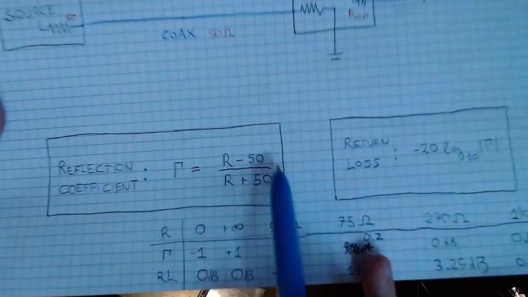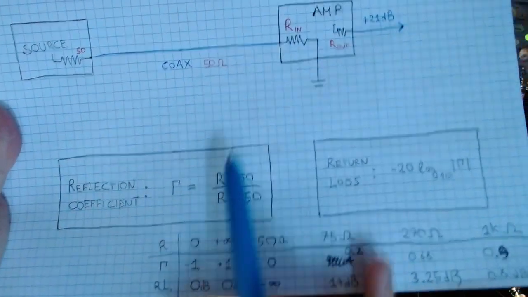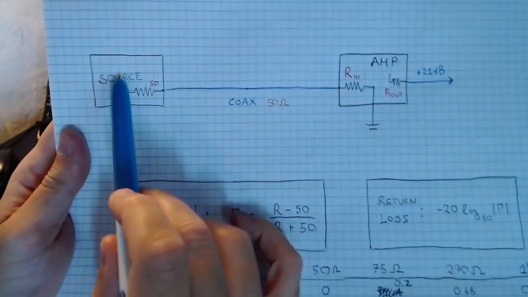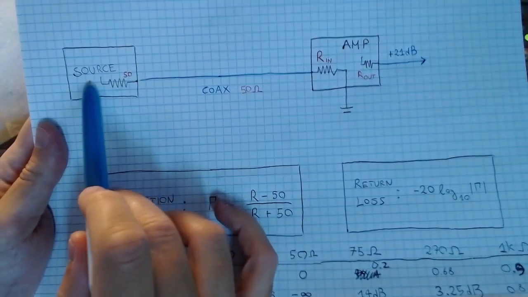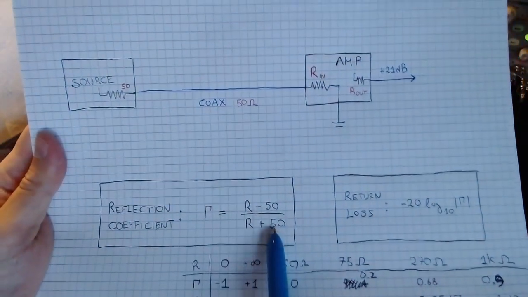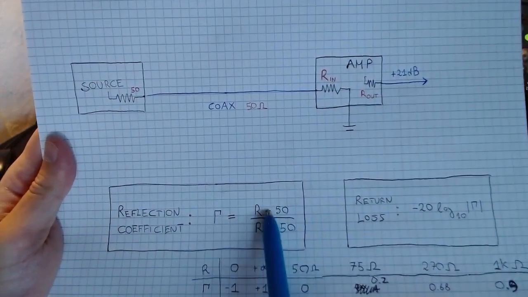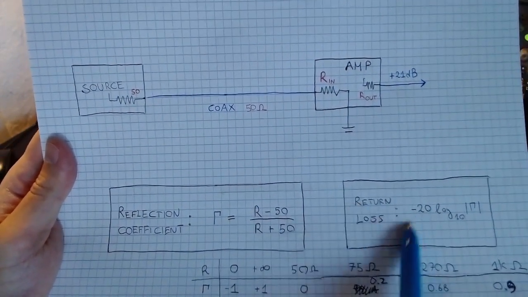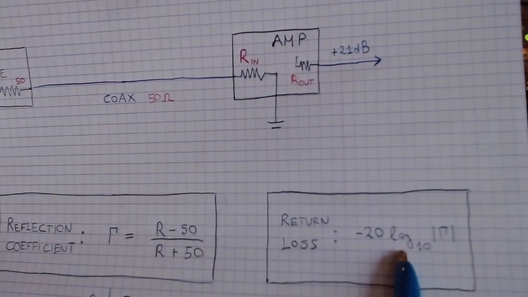It's simply calculated by this R, which is the input impedance, minus 50, which is the standard 50 ohm impedance of the source and the coax, divided by R plus 50. Okay, so this is a linear coefficient. If you want the logarithmic variant, it's called the return loss, and you calculate it by this formula.